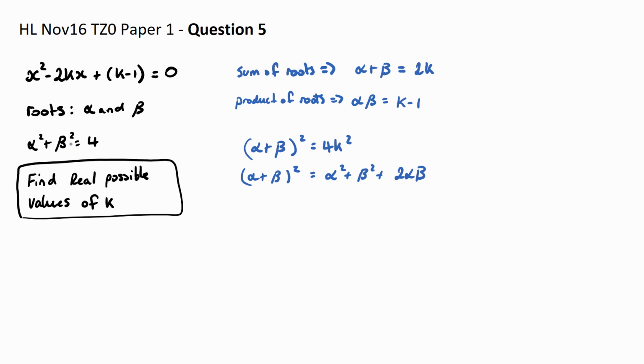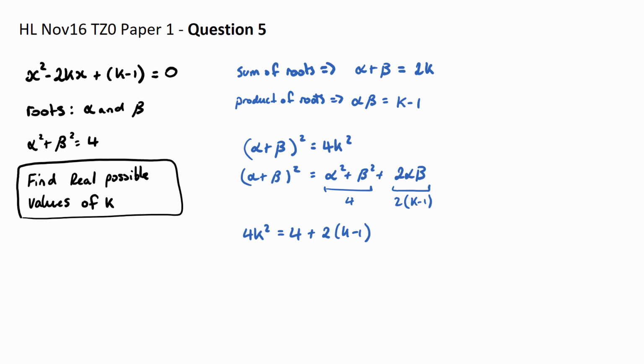That was given in the question. This is 4, and this here, 2 times alpha beta, is just 2 times k minus 1. So what we're going to get is 4k squared is equal to 4 plus 2 times k minus 1.